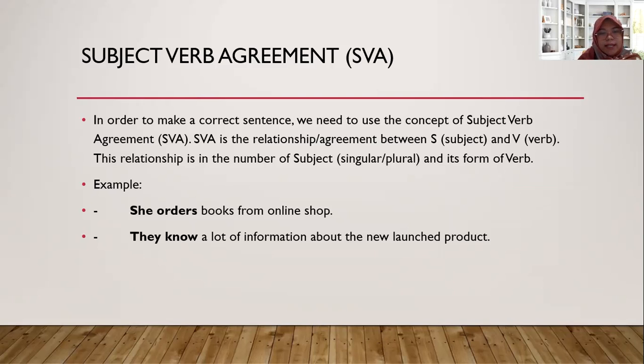As you know, she is singular, so we need s in the verb: orders books from an online shop. And the second example: they, as we know, is a plural subject, so we don't need to put any s in the verb. They know a lot of information about the new launch product.